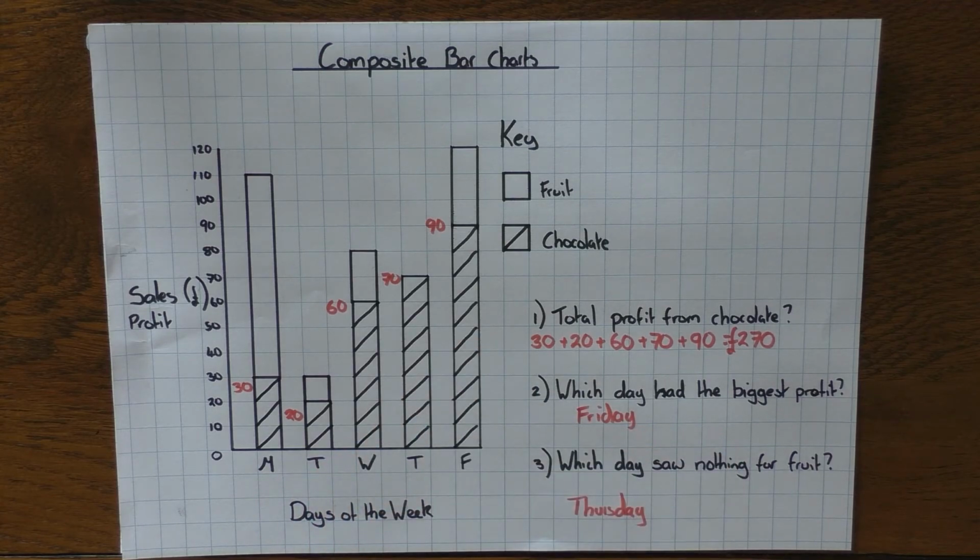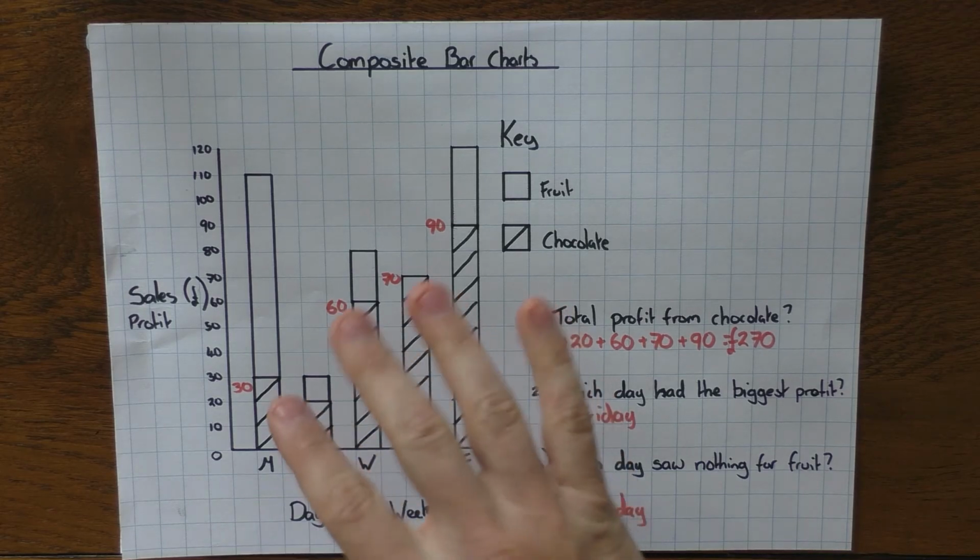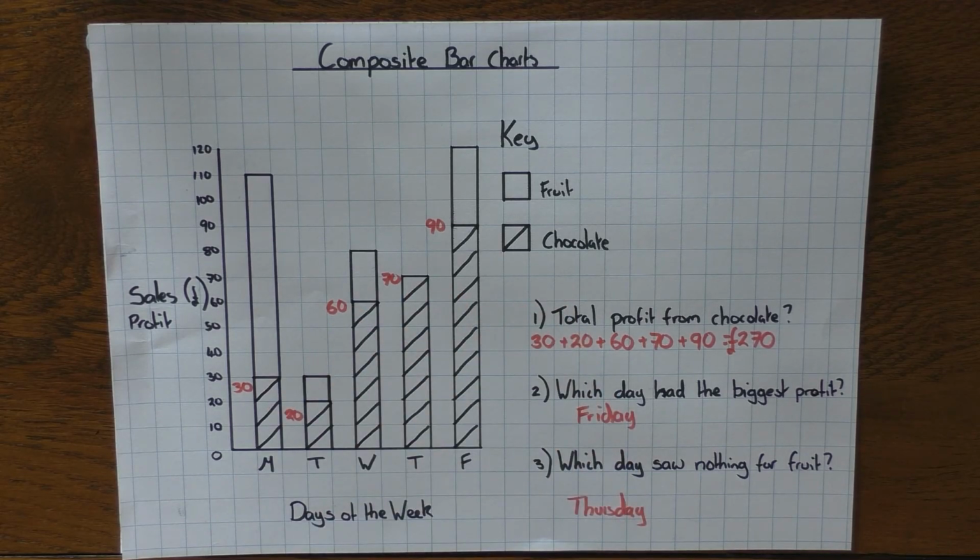They might also say, when would you stock up on fruit? Well, you'd probably say you'd stock up on the Friday or even the Saturday and Sunday if you're open, ready for the boost on Monday for the fruit. So they might do contexty type questions like that, but just look at the bar chart, have a look at the data, and then obviously you can make your decision now. As long as you back it up with data from the bar chart, you're going to get the marks.